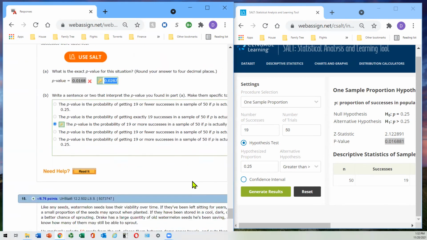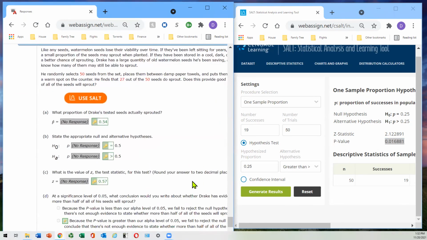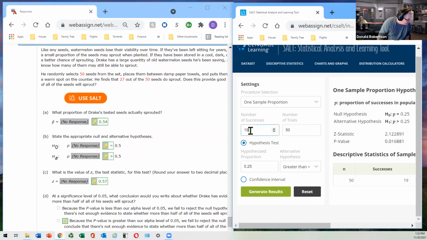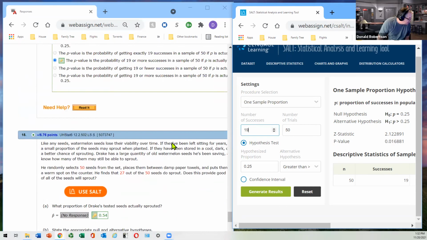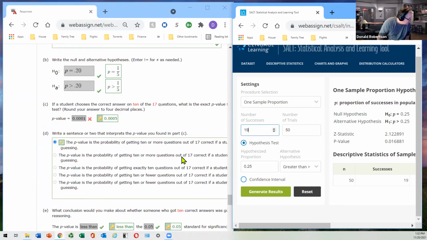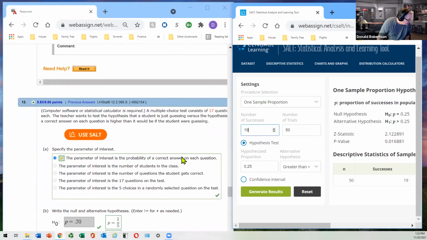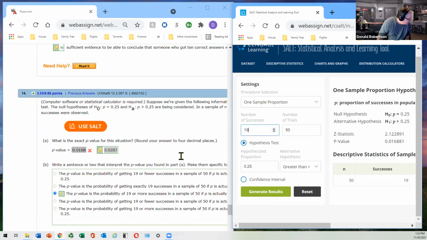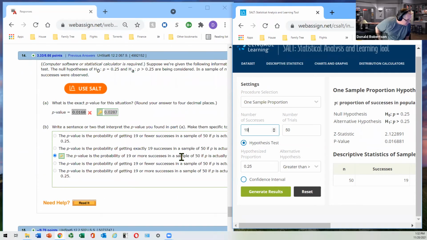So almost there. But I'm going to do a check on this. Oh, you haven't done that, that's question 14, by the way, that I just gave you the answer to. So 14 is 0.0287.